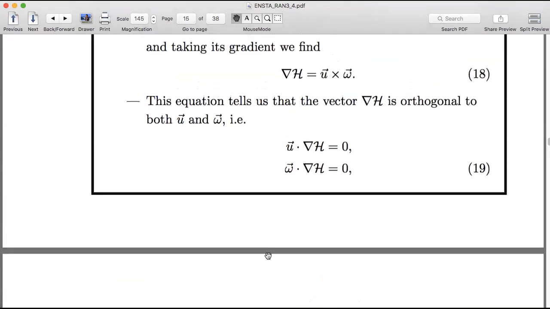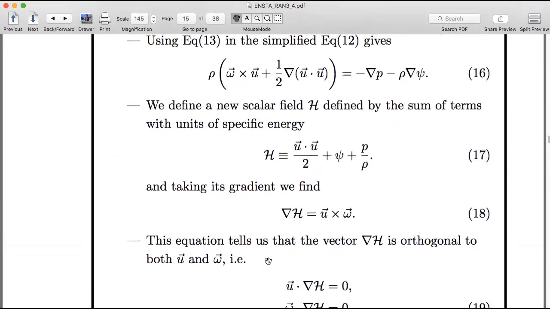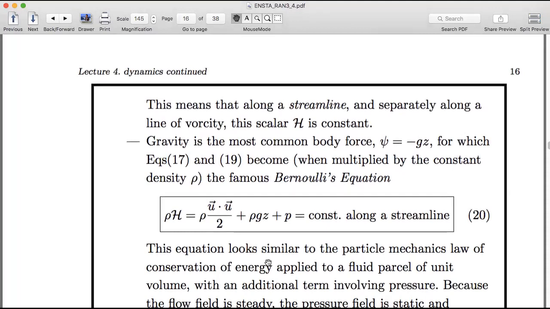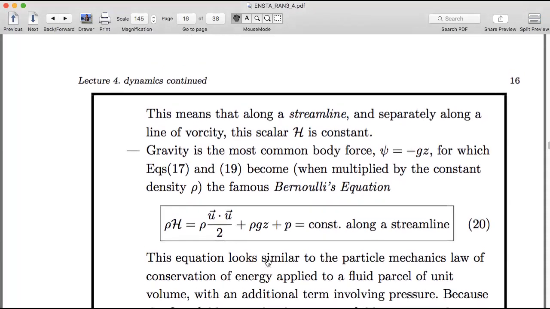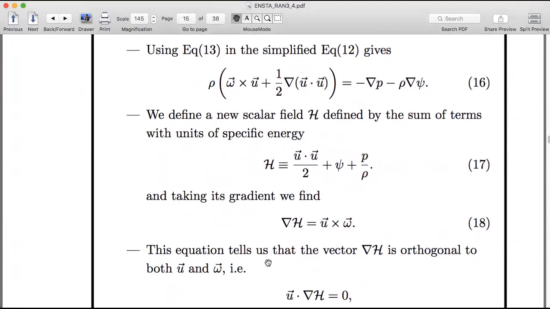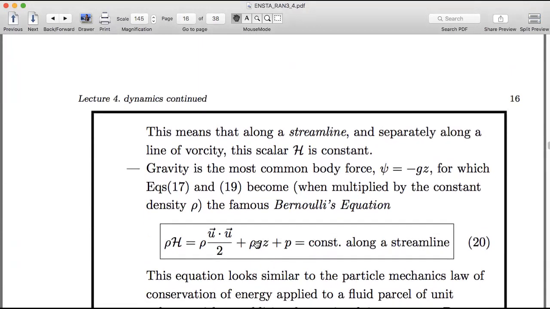Sorry, let me just go back and look at the... sorry, I think there might be a problem with the sign here, because when we replaced psi with minus gz and multiplied by rho, I don't see why I don't get a minus here, but then I think I should.